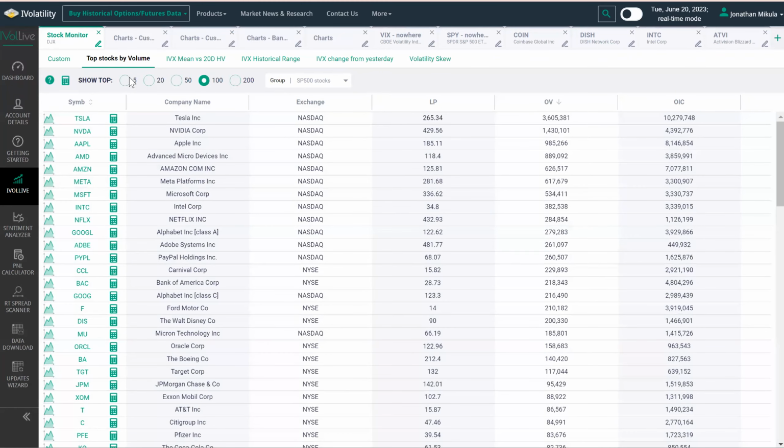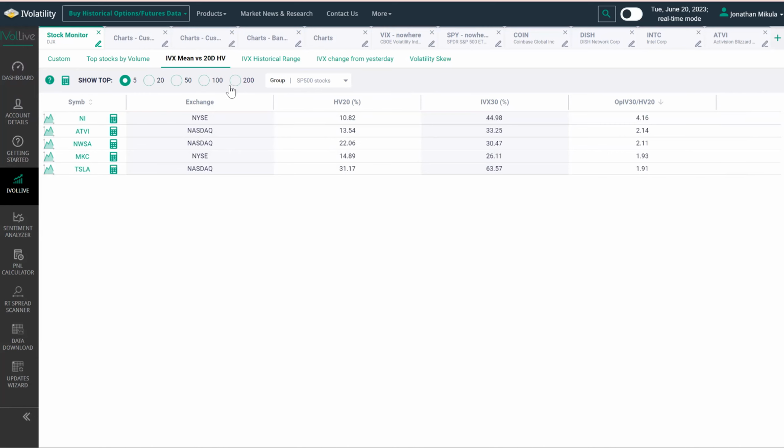My other favorite screen is this implied volatility mean versus 20-day historical volatility. So again, if I had no trading plan and I just am looking for ideas, this is one of the first places I come because it tells me where the future IVX, implied volatility looking ahead, could be different than the past. And I can run that against my favorite index, the S&P, and look at this, Activision Blizzard.